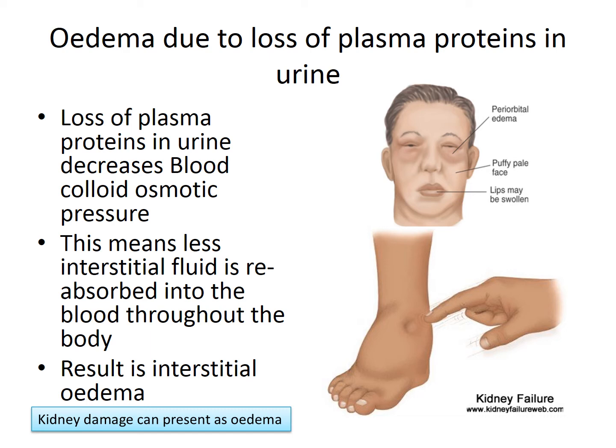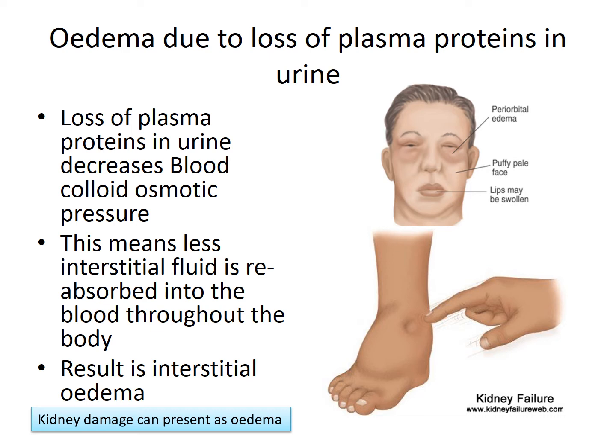If albumin is lost and then other plasma proteins are lost because there's damage to the kidney, and so the plasma proteins appear in the urine, then those plasma proteins are not in the blood, which means the osmotic potential of the blood, how thick the blood is, if you like, is reduced.